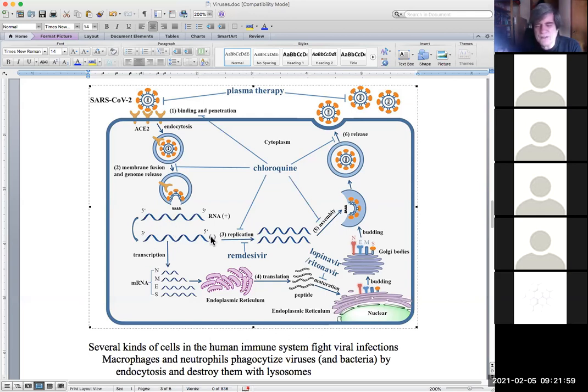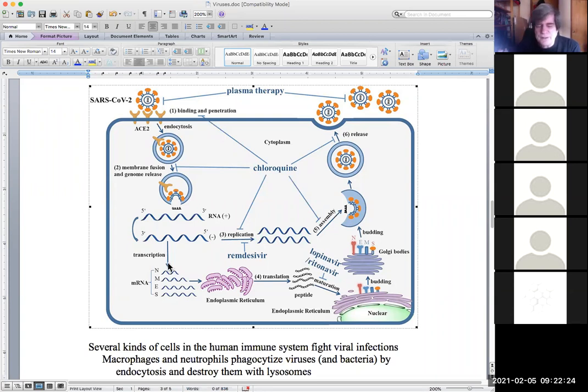Now, once we have this negative strand of RNA, it gets used for two different processes. It gets used for replication. So in other words, the cell makes more copies of this RNA. For the virus to reproduce, every new virus that's produced has to get one copy of this RNA.